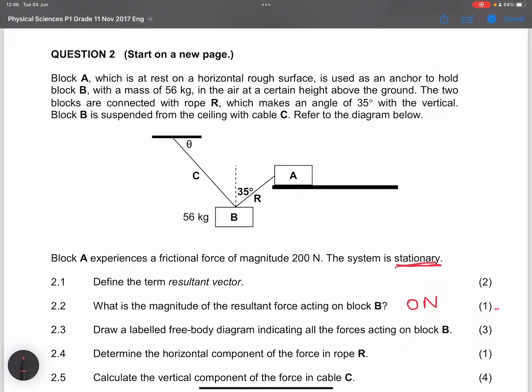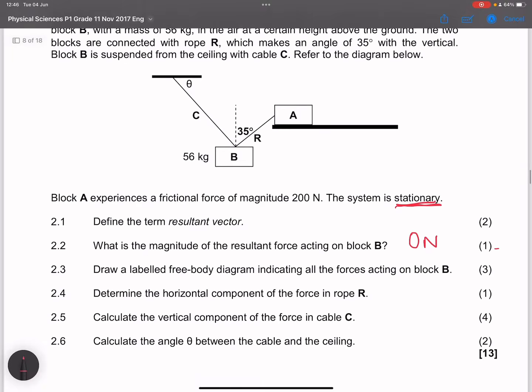Remember, because it is stationary, it means that the total, or rather the vector sum of the forces should be 0. Okay, so let's go on to the next one. They say draw a labeled free body diagram indicating all forces acting on block B. So I'm just going to draw it over here. Okay, I will have the force on rope R.